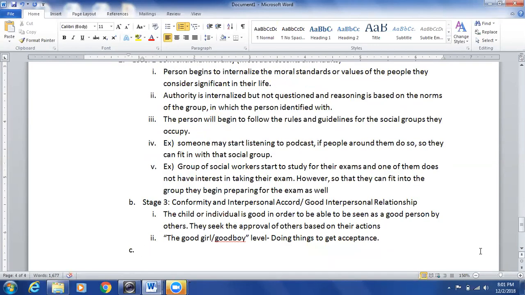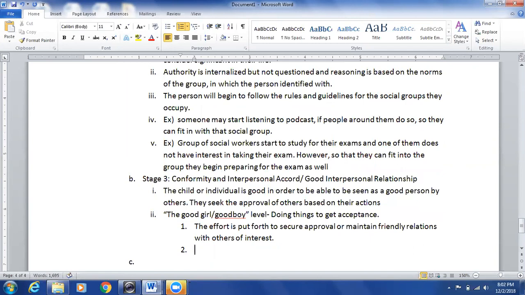And within this stage, effort is put forth to secure approval or maintain friendly relations with others of interest.